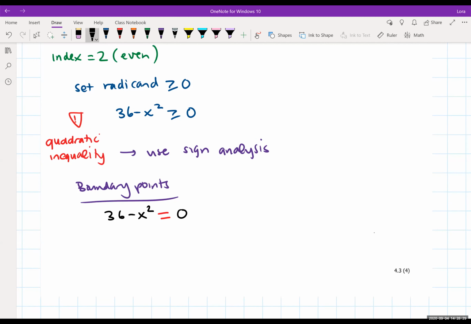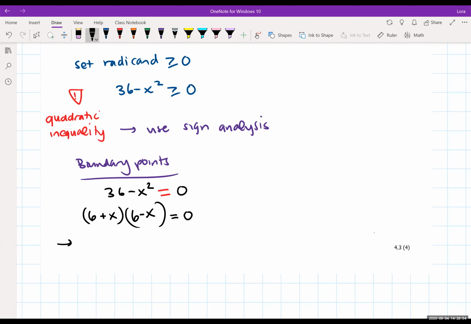Be careful when you factor a difference of squares. The 36 is first, so when you break it down, the perfect square, 6 times 6 is 36, comes first in each of the binomials. Then we split up the x, giving us 6 plus x and 6 minus x, equals 0.